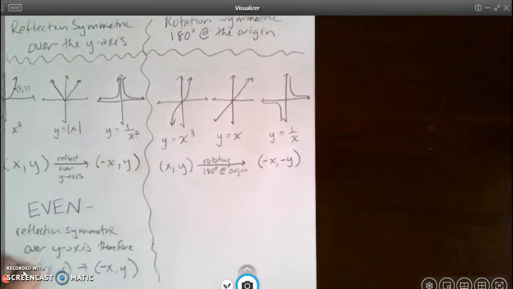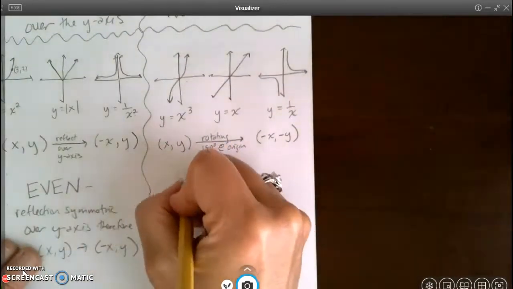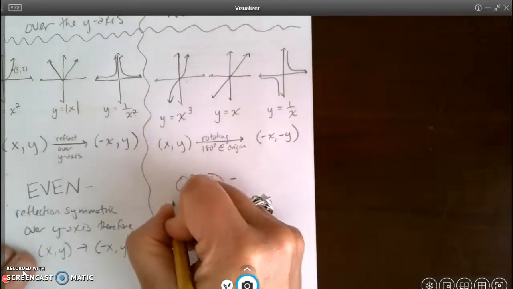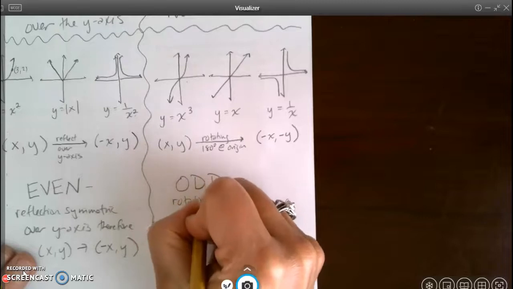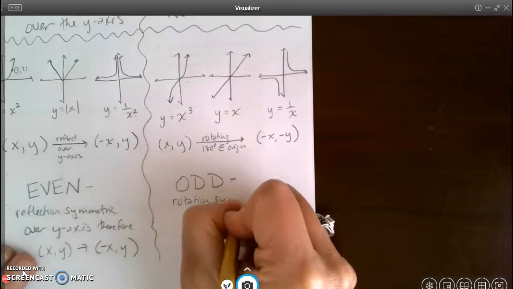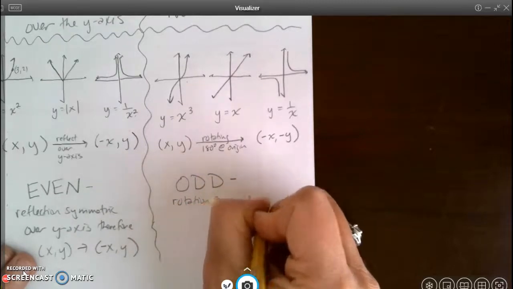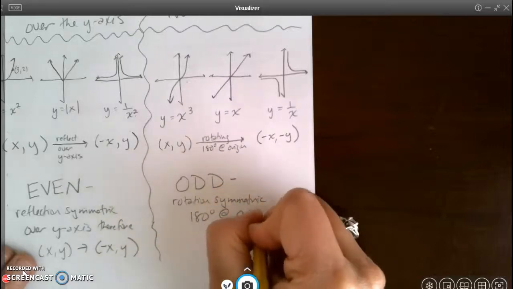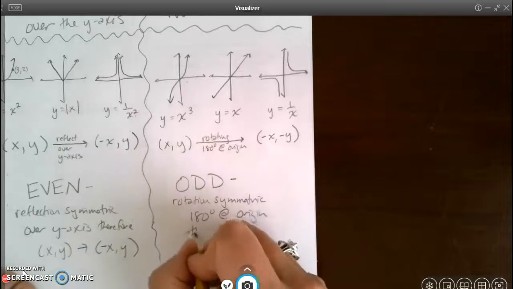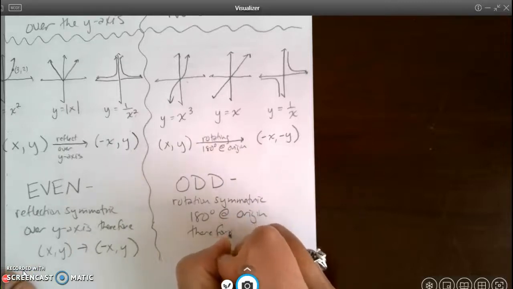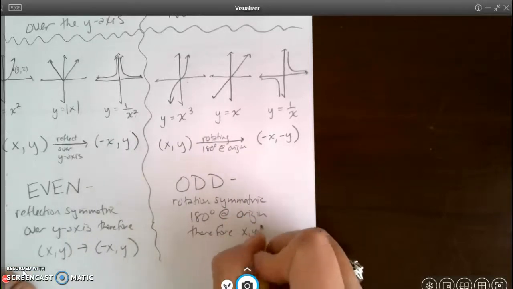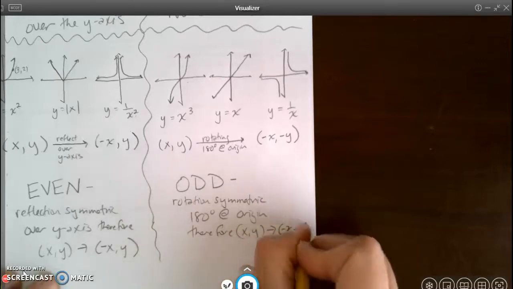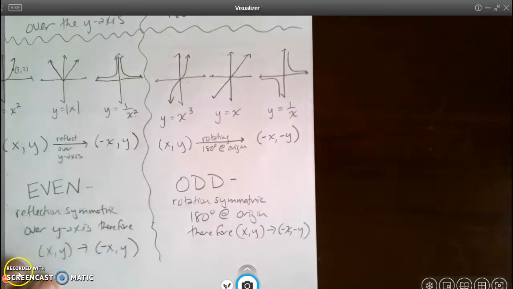This type of function is known as odd. That means that it is rotation symmetric, 180 degrees around the origin. Therefore, x, y rotates and becomes opposite of x, opposite of y.